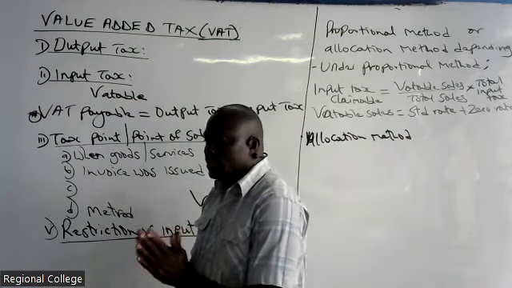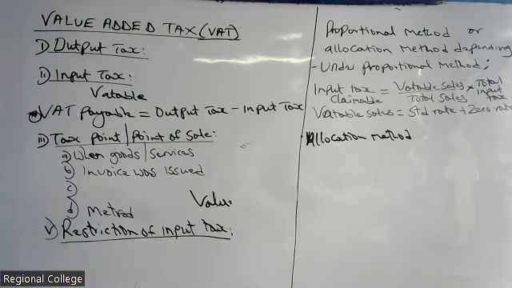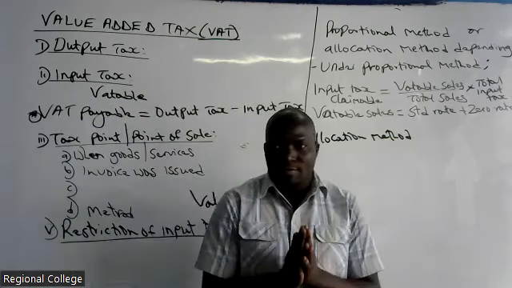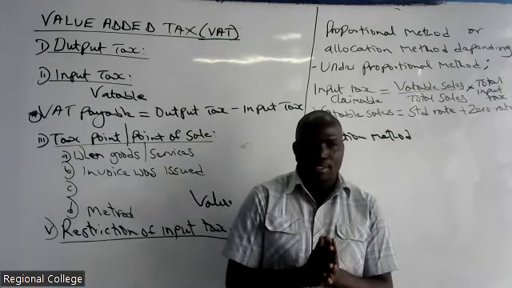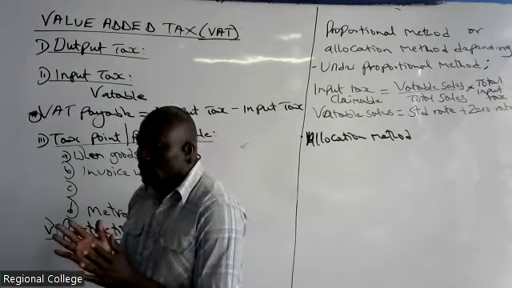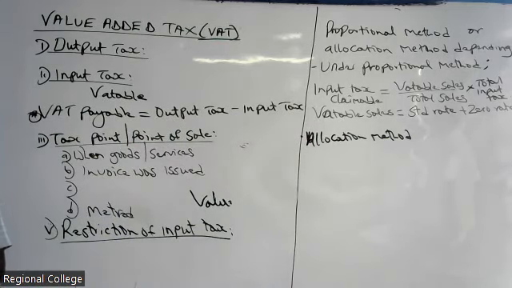You know, the concept of restriction is this. Tunaappreciate kuwa, tukinunua hizo items tulichajiwa VAT. Tulilipa the input tax. Alafu wakati tunaziuza, tumezi-exempt. What is the impact of that to the government? You're going to claim more than what you are receiving.